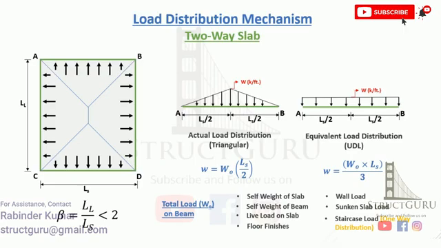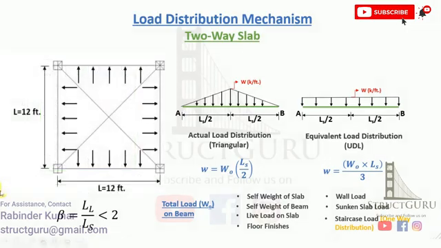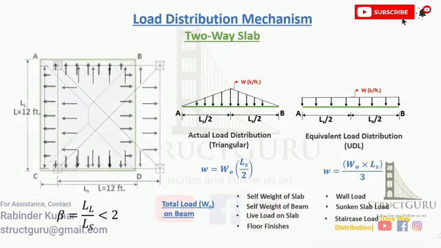Sometimes within a two-way slab system, if the ratio of longer span to shorter span is equal to 1, or in other words, the length and width of the slab are the same, in that case the load will be distributed in a triangular manner along both directions.